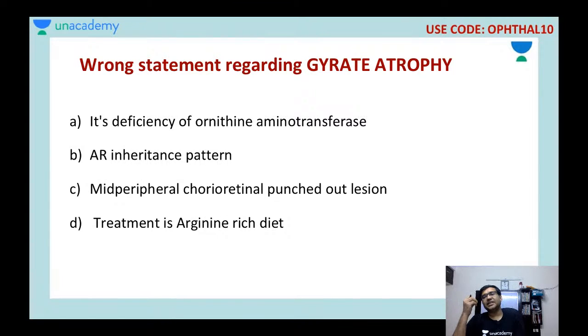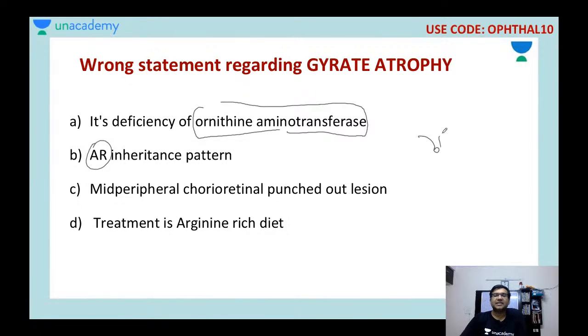So what is happening in gyrate atrophy is, it is a type of retinal atrophy or retinal dystrophy where the patient has a deficiency of ornithine aminotransferase. Now most of the retinal dystrophies have the autosomal recessive inheritance pattern.